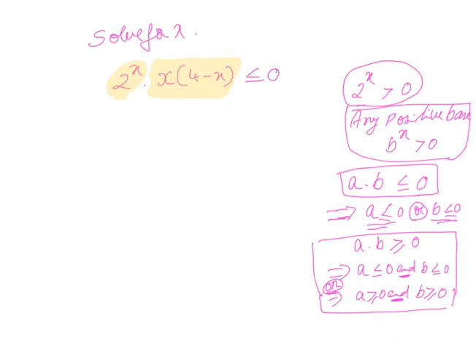So look at the second function, x times 4 minus x. I look for what values it is negative. That's what we are looking into. So I have these critical values here: x is equal to 0 or x is equal to 4. So I got these two critical values.